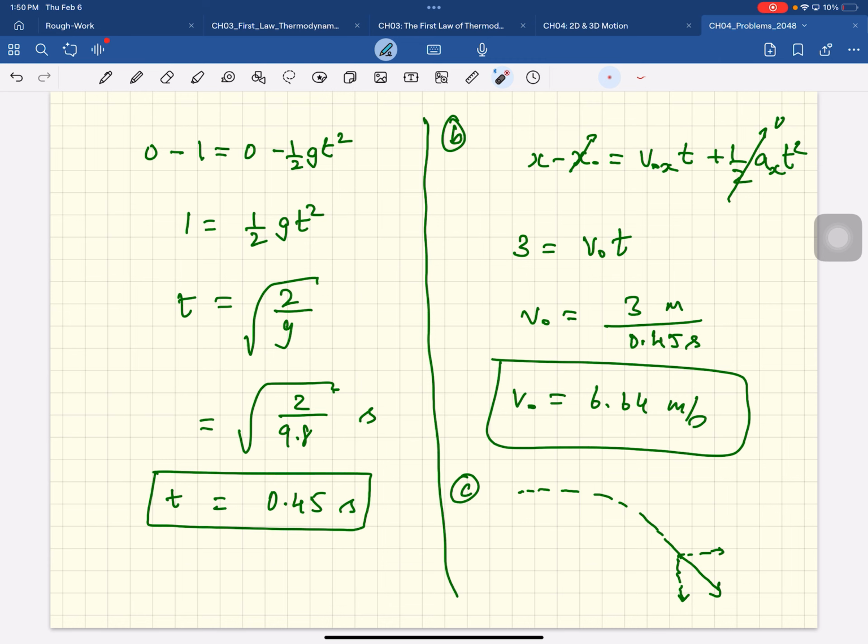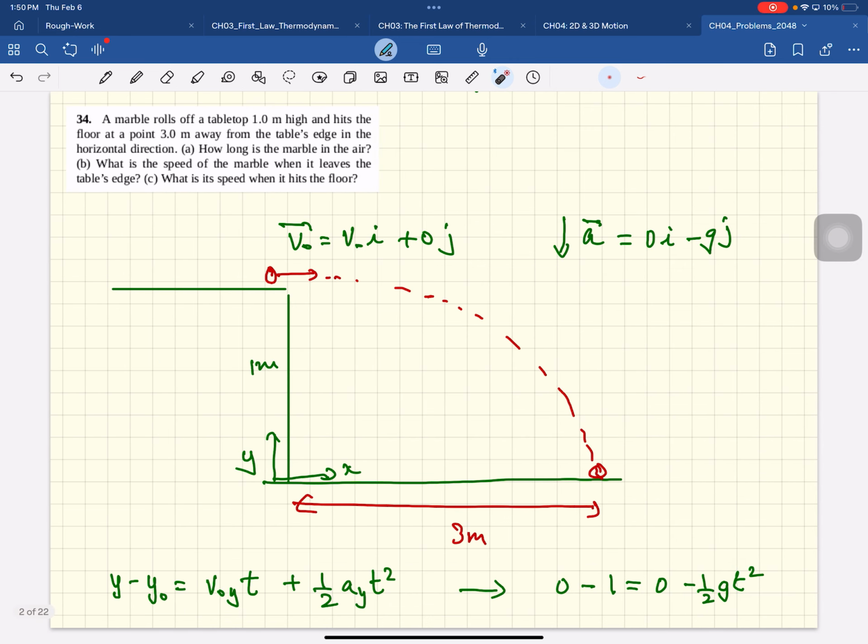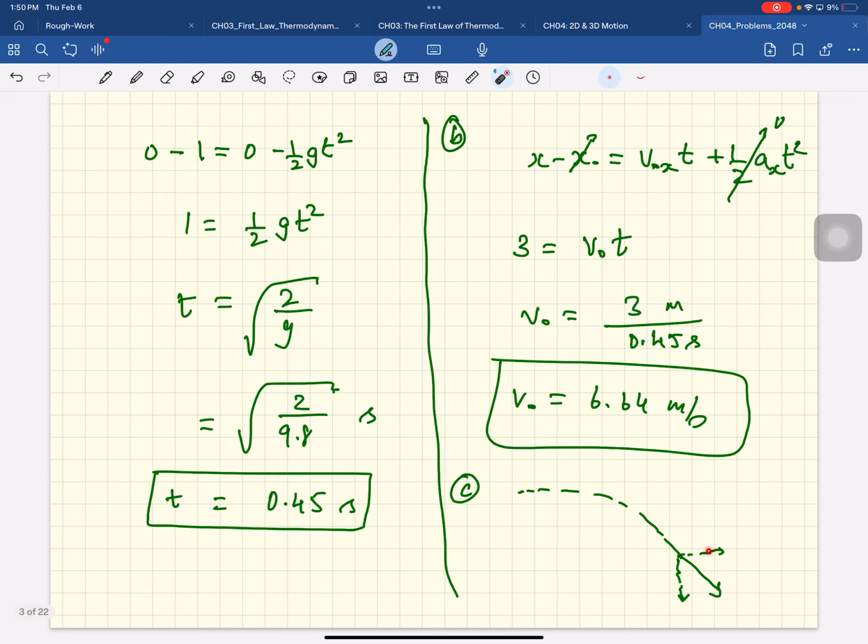No. Why doesn't it change? Because there's no x component of acceleration. So this velocity will be the same as this velocity. All you have to do is calculate the y component of the velocity, and then you'll get this velocity. So you can calculate its speed.